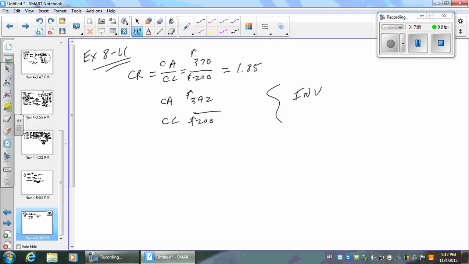Debit inventory for 22,000? Credit what for 22? Where would it come from? Does it go to accounts payable? What does it say they did? They recorded it already, didn't they? They just failed to count them. So here we go. Purchases? I thought they recorded it. They just didn't count them.